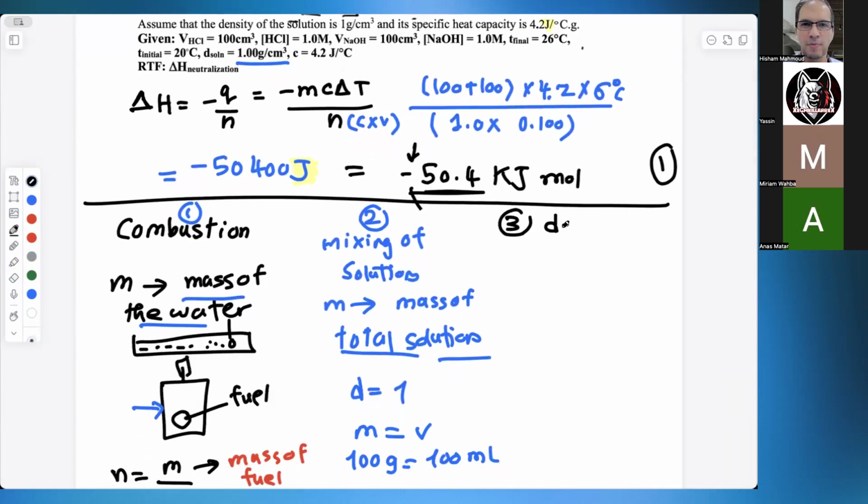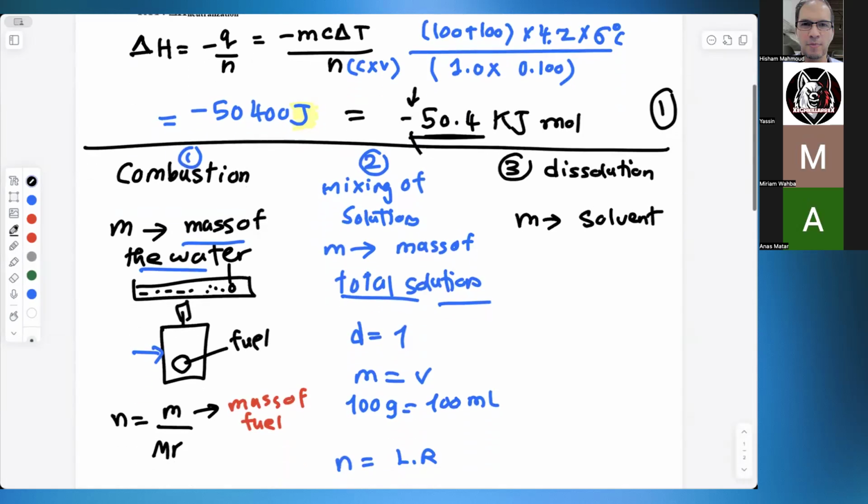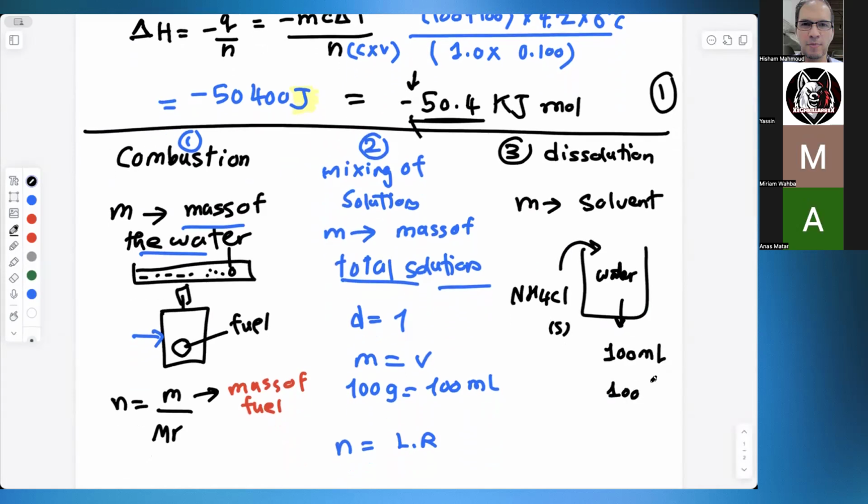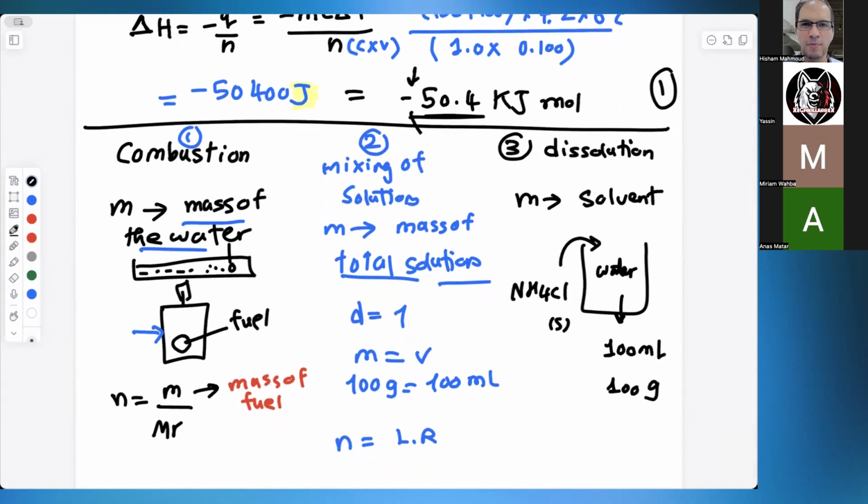If I am dissolving one substance in another substance, then I also have to say what the mass is. The mass is the mass of our solvent. So for example, if I have put some solid ammonium chloride and I have dissolved it in water, and the mass of this water or its volume is 100 milliliters, which is equal to 100 grams, then in this case the mass of the solvent is 100 grams.